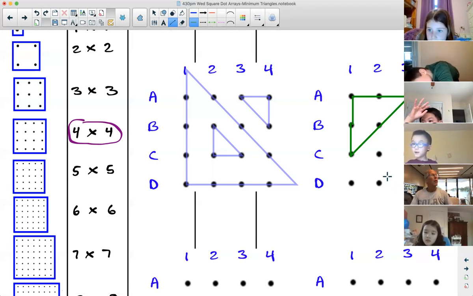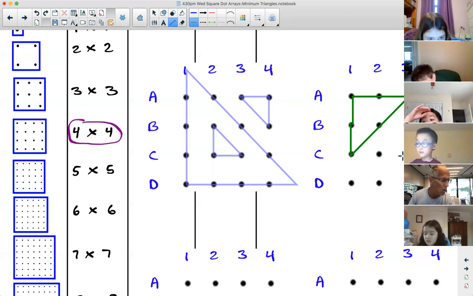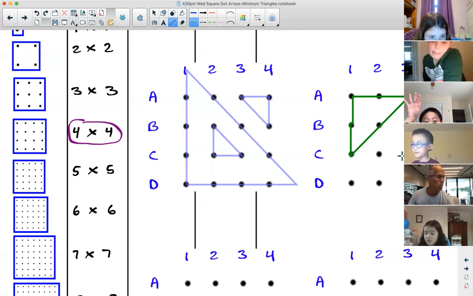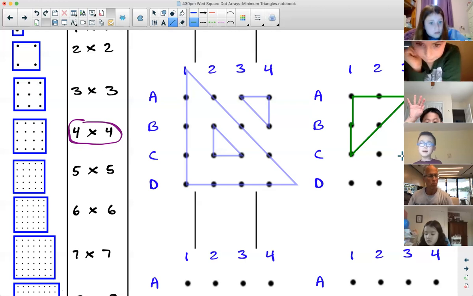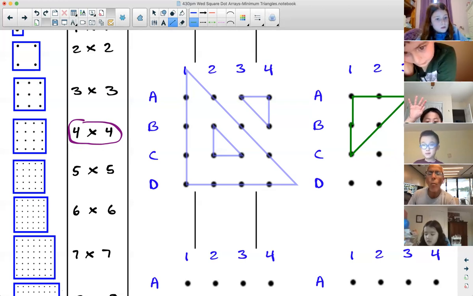Then you draw a bigger triangle. Can I annotate? No, not right now, but I want to show you something, William.